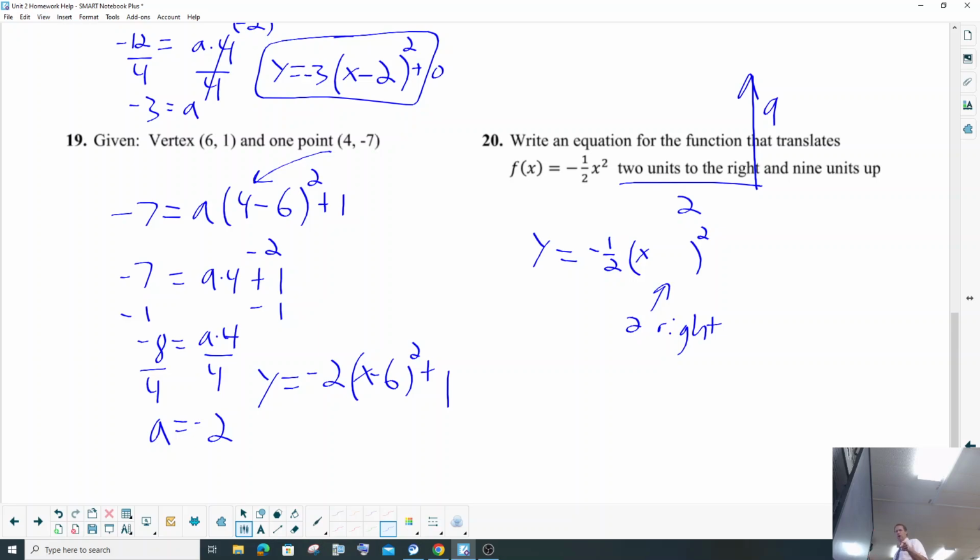Is that negative or positive 2? Think about it. And up 9, going 9 up. I'll let you fill it in.